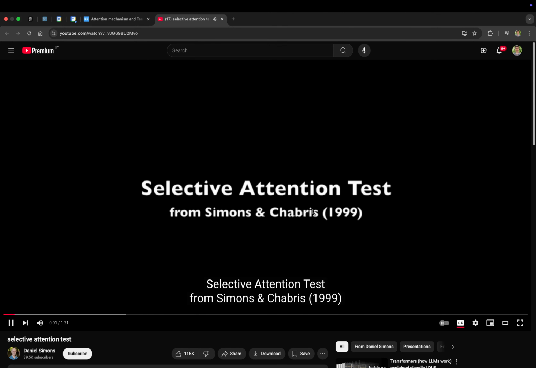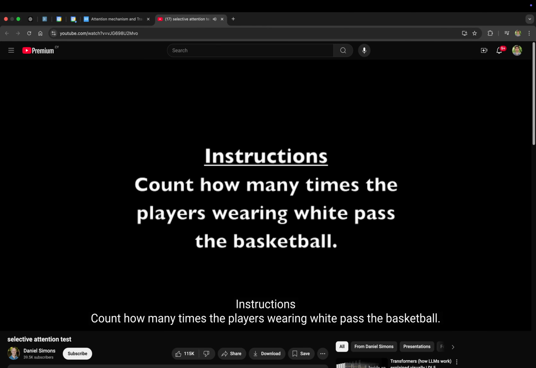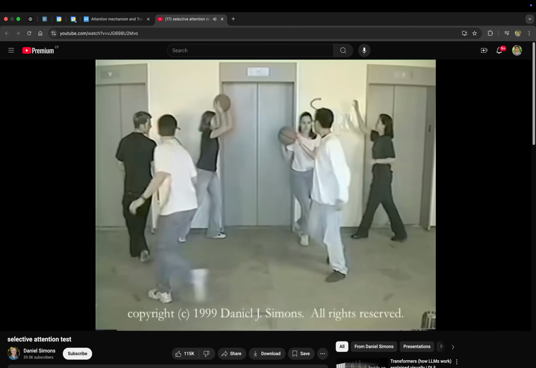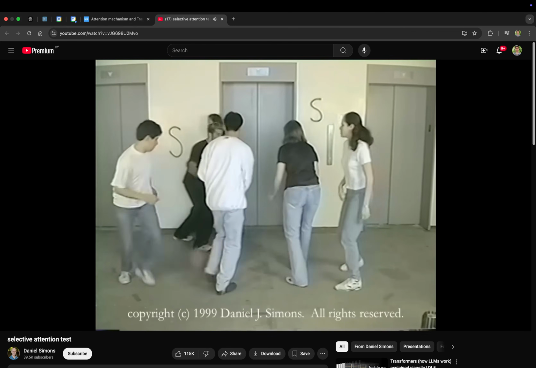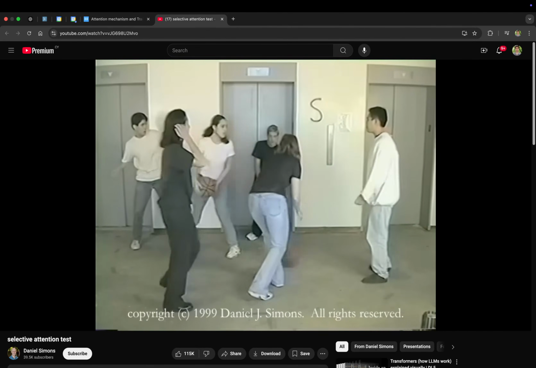This is a test of selective attention. Count how many times the players wearing white pass the basketball. Okay, players wearing white.